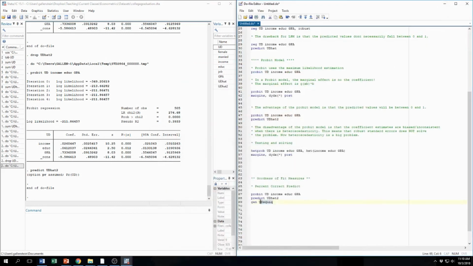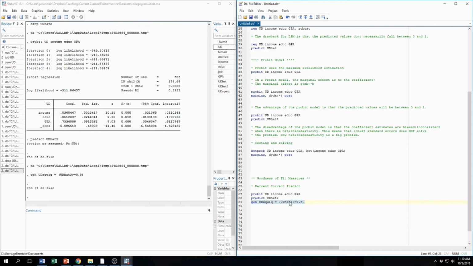So now I'm creating this y squiggle. It's going to be a dummy variable, and it's going to equal 1 if u hat 2 is greater than or equal to 0.5, and it'll equal 0 otherwise. So now I'm going to create this. Now I'm going to create another variable.